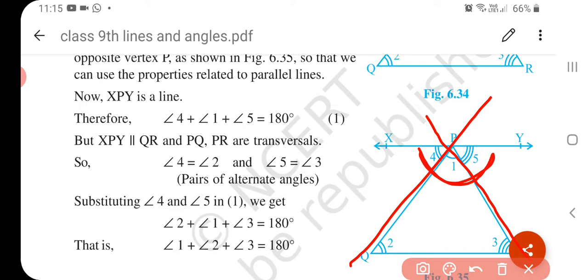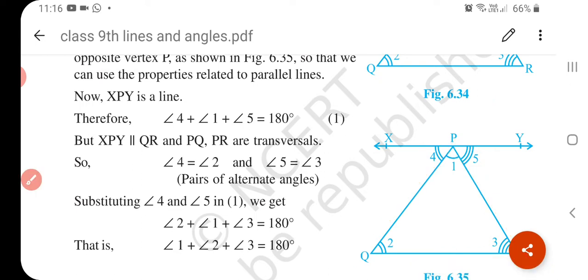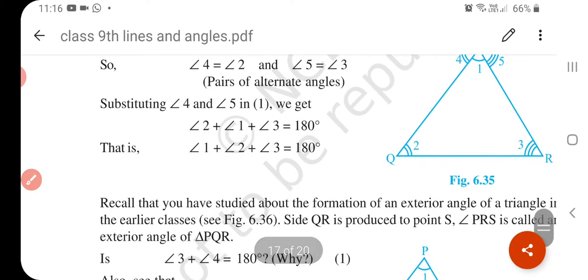But from equations 1 and 2, angle 4 is equal to angle 2 and angle 5 is equal to angle 3. So angle 2 + 1 + 3 is equal to 180 degrees. So we have proved angle 1, 2, 3 is equal to 180 degrees.